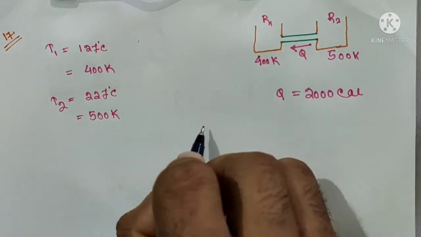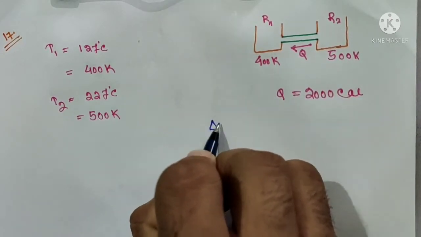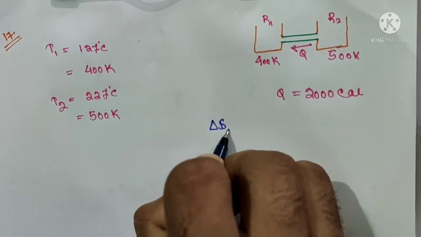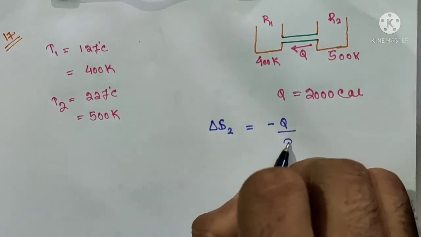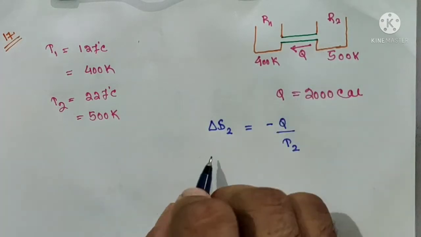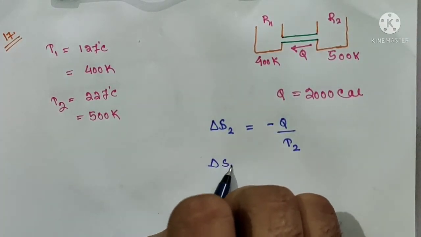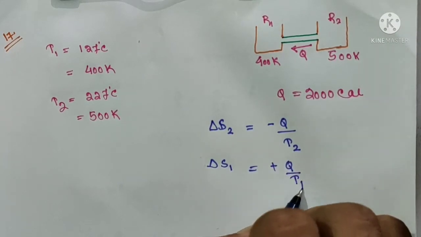So change in entropy for reservoir 2 will be minus Q by T2, as heat is flowing from reservoir 2, and change in entropy for reservoir 1 will be plus Q by T1.